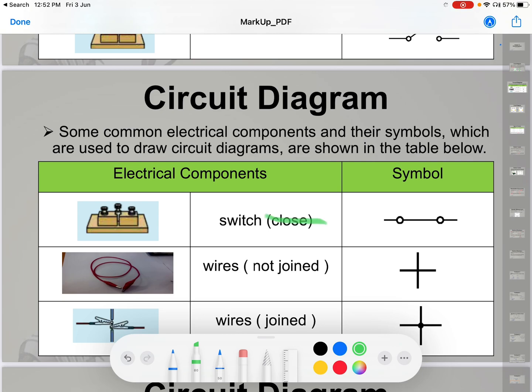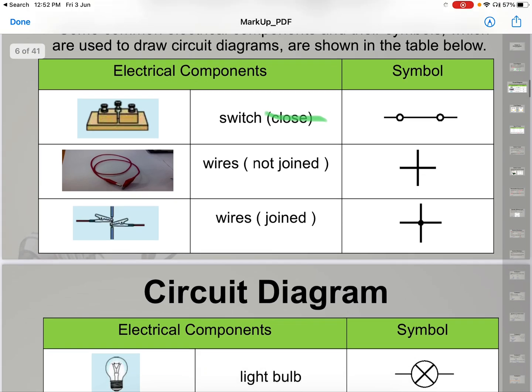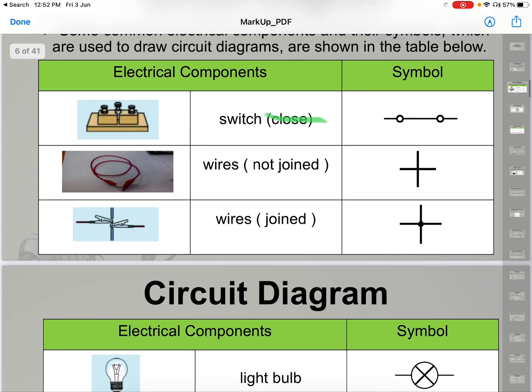Okay. Now, what about wires? A lot of times we need to connect these components with wires. So in this case, wires, if they are not joined, they will look like this.